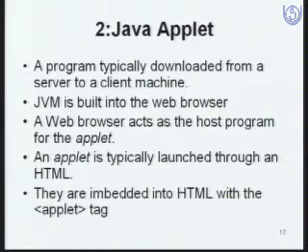So it is the web browser which initiates the applet to run, and an applet is typically launched through an HTML, which is nothing but a hypertext markup language, page. Applets are embedded into HTML with the HTML tag.